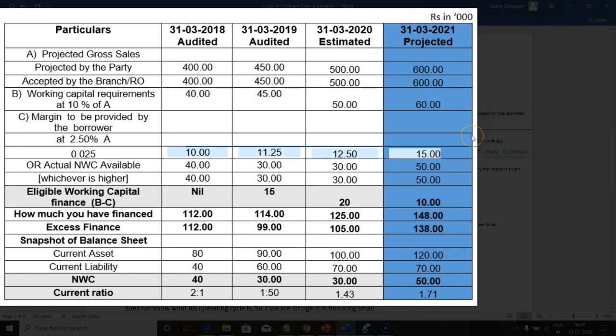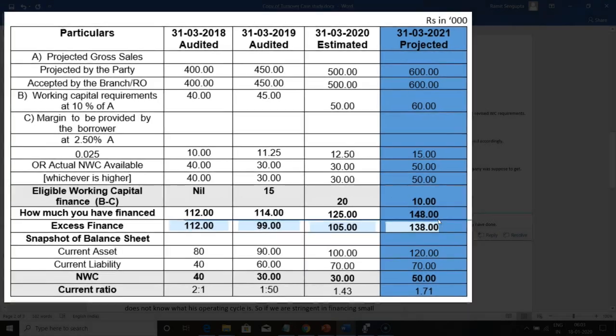The margin has to be revised accordingly. But the NWC remains constant at 50. Now, this is what the company is supposed to get, that is the eligible working capital finance. But this is what you have actually sanctioned. So, you have made an excess finance of 138.